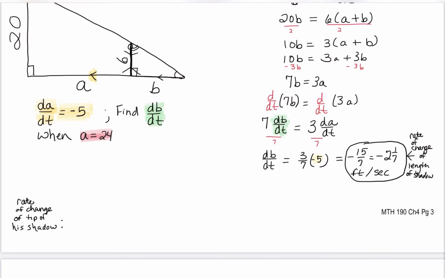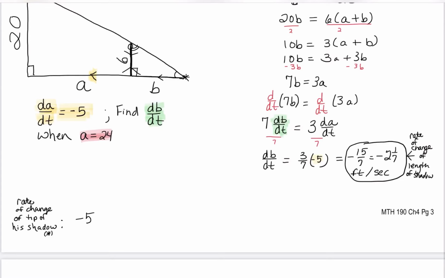All right, now we want to focus on the rate of change of the tip of his shadow. So the tip of his shadow is impacted by two things. It's impacted by how fast he's actually moving towards the light, and it's impacted by how fast his shadow was decreasing. So the actual tip of his shadow, this point right here, the rate of change of the tip of his shadow is going to be how fast he's moving to the left.